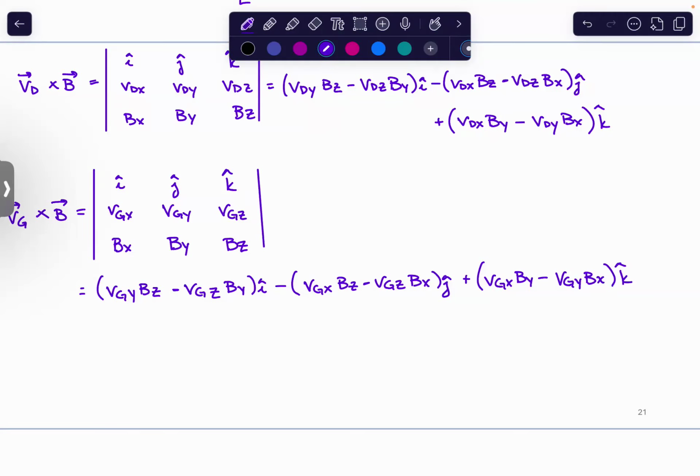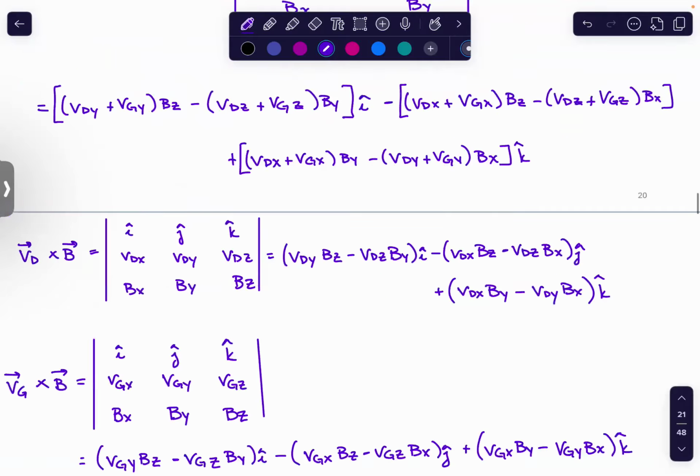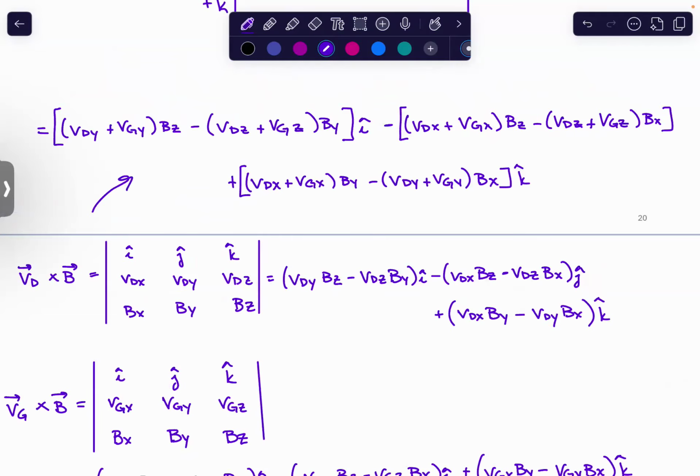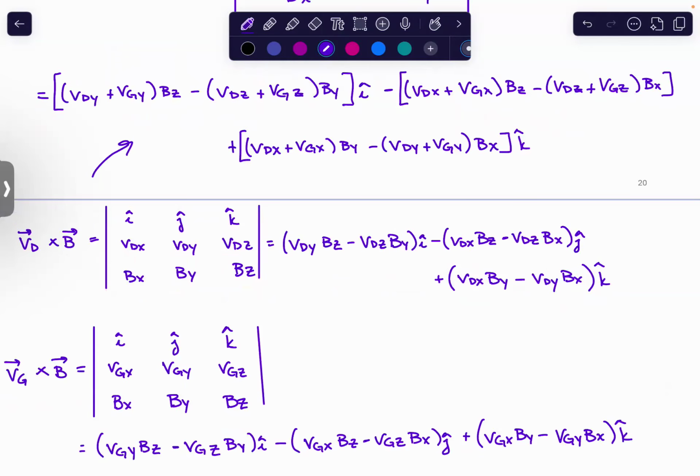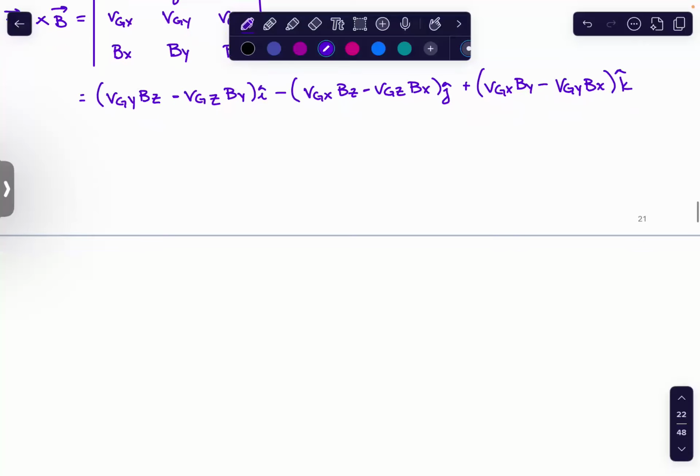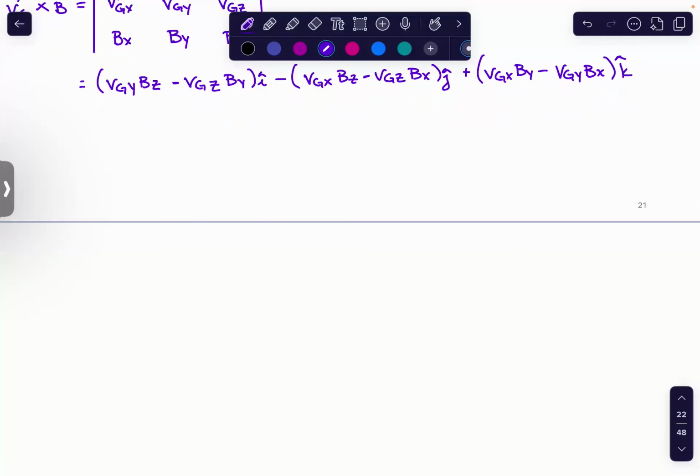Okay, so we have those two separated out. Now let's take this vector up here, and let's go ahead and distribute those magnetic fields in. So what we're going to end up getting.